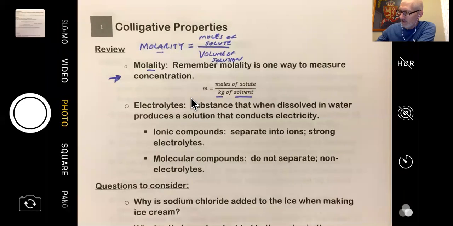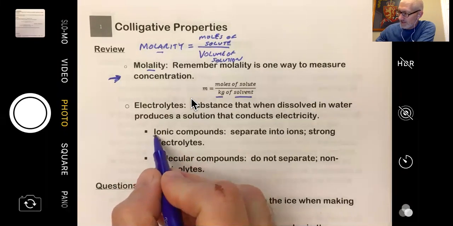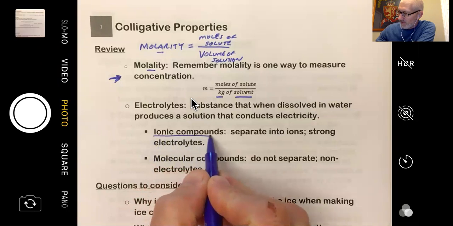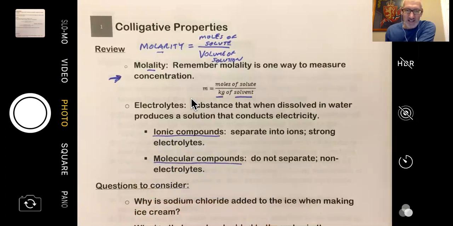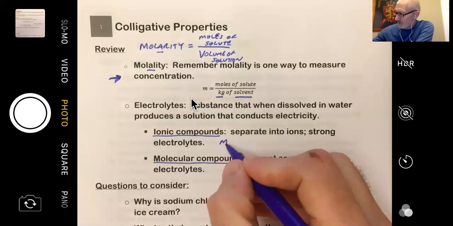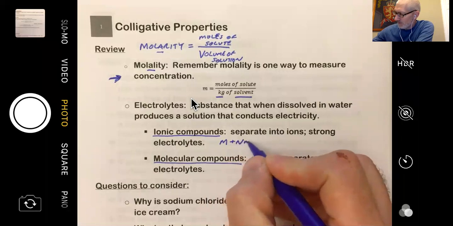Now, two other ideas here will be important as we look at the big idea of today's lesson. We did them a long time ago. I think we understand that ionic compounds are always our metals combined with our nonmetals.